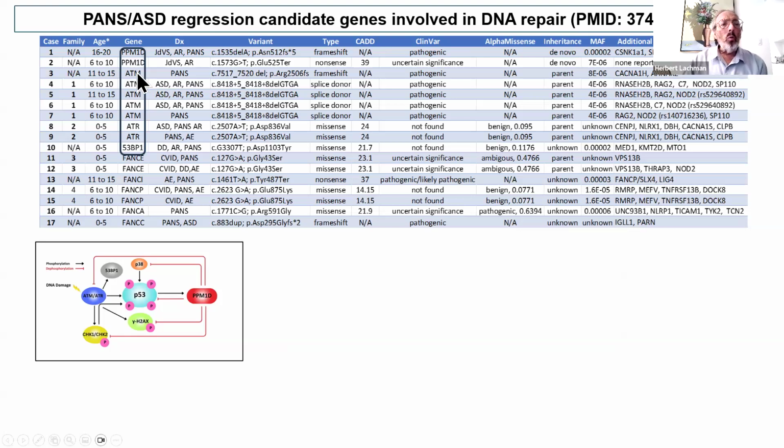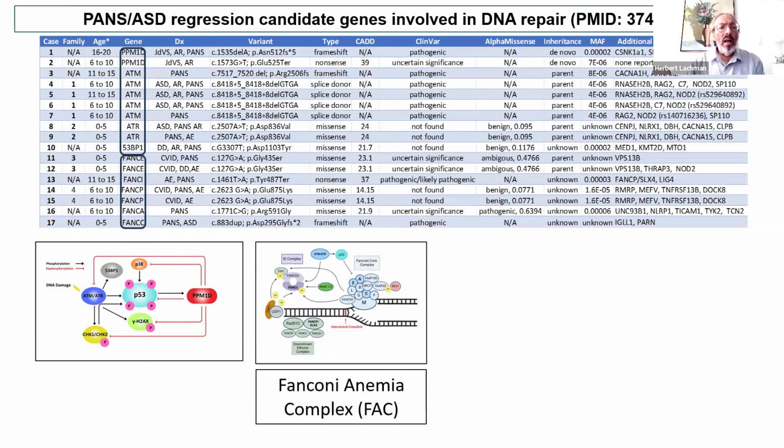There was one young woman with a loss of function mutation, and here you have a family of 4 kids, all of whom have either autism, regression, and/or PANS. So this kind of cemented the notion of DNA repair genes being a problem or a cause of acute neuropsychiatric decompensation.